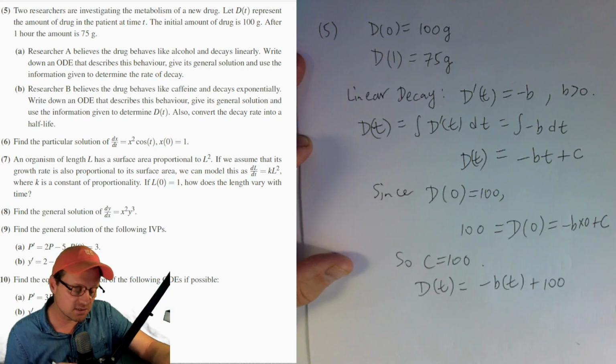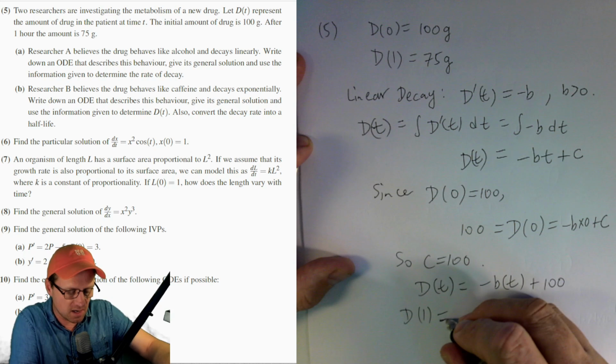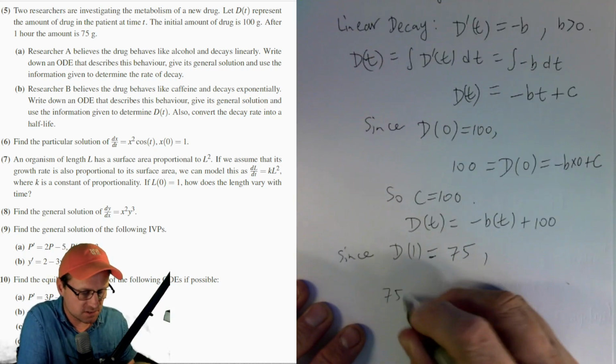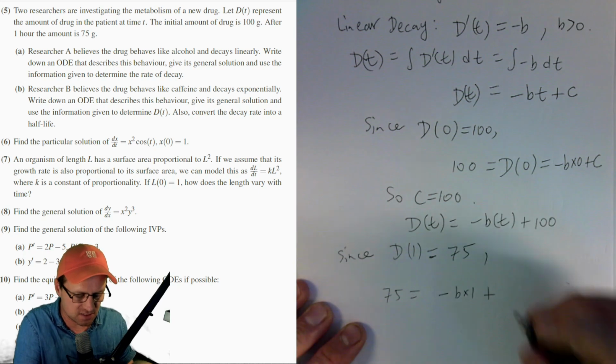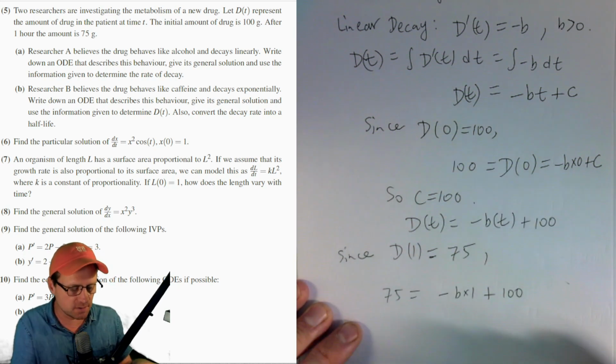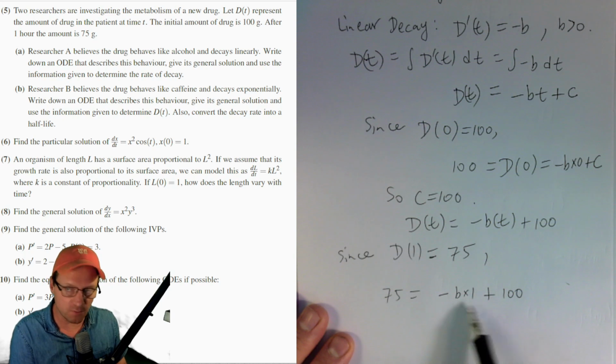Okay, so next, D(1 hour) is 75. We have 75 is equal to minus b times 1 plus c, but c we found out is 100. So this gives us a way to find b. On the right-hand side, we have minus b plus 100.